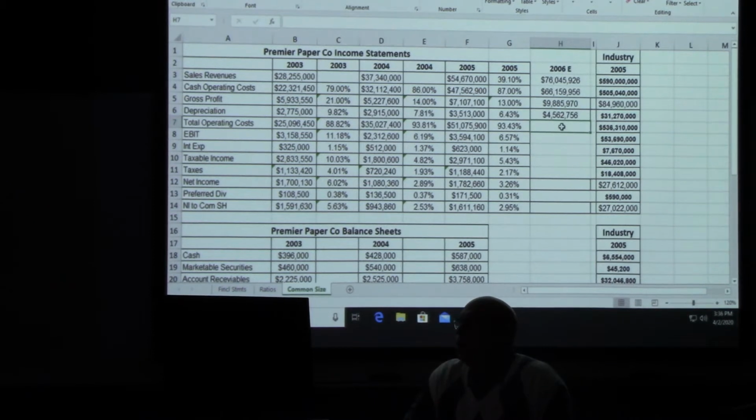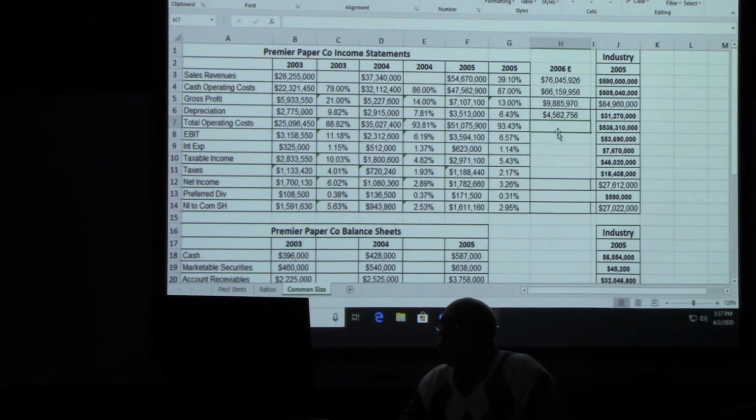All right. So total operating costs is the cash operating costs plus depreciation. So we're going to take gross profit minus depreciation. Let's see, 51 is that, 57 plus that.